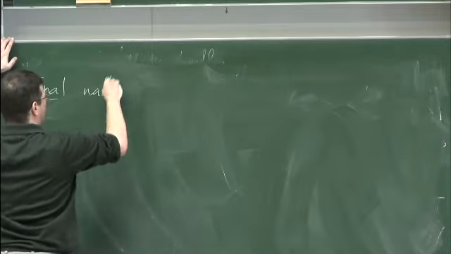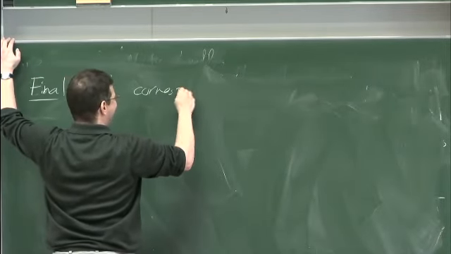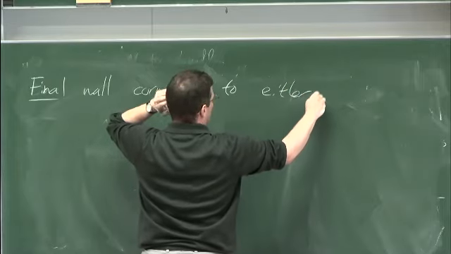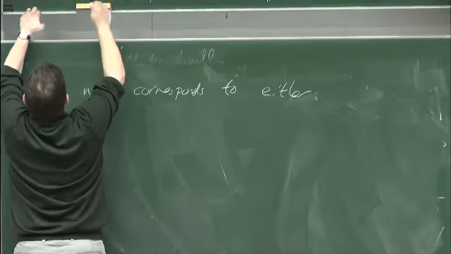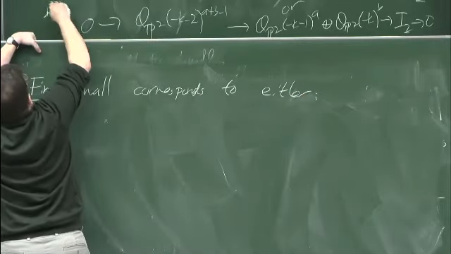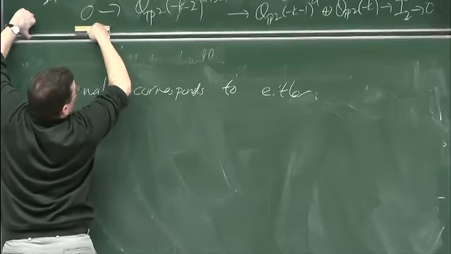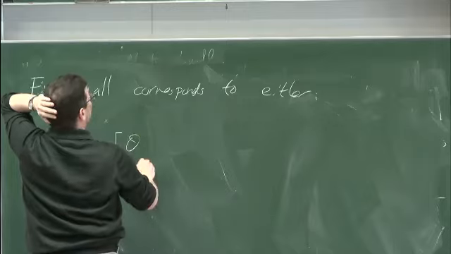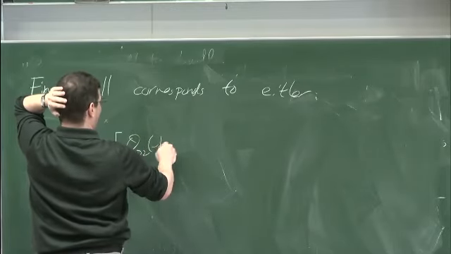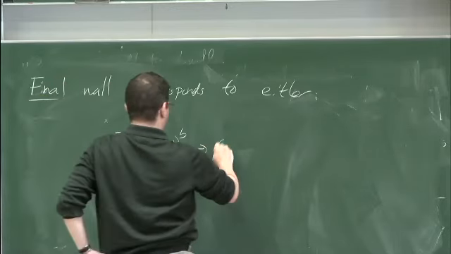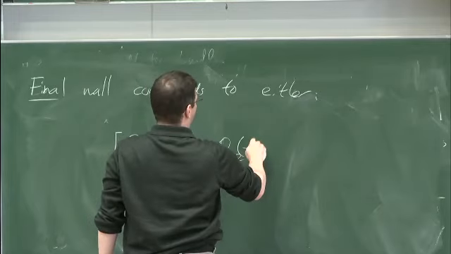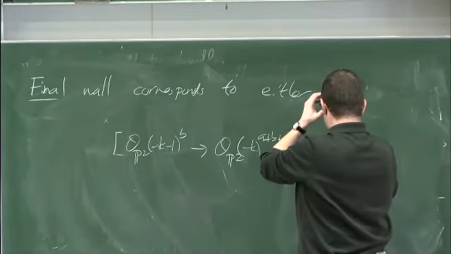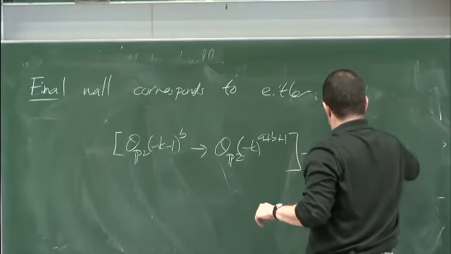The final wall will correspond, either in the first case, to a subcomplex that looks like, actually, any E dot.